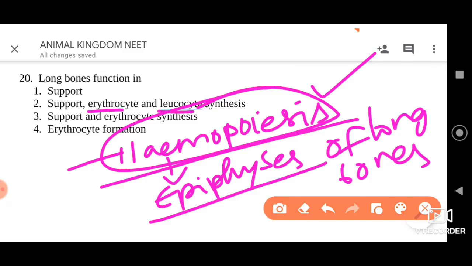So definitely we can go for option number 2, that the long bones provide support as they are harder and denser, and through their bone marrow, especially the red one, they can help us in the formation of RBCs, which are also called erythrocytes, and WBCs, which are also referred to as leukocytes. So go for option number 2.